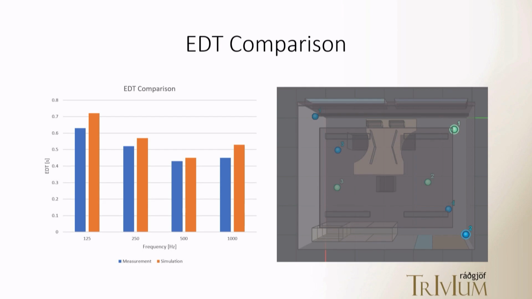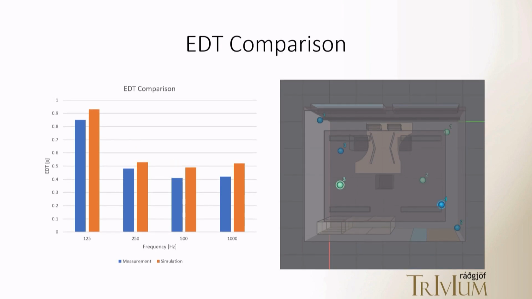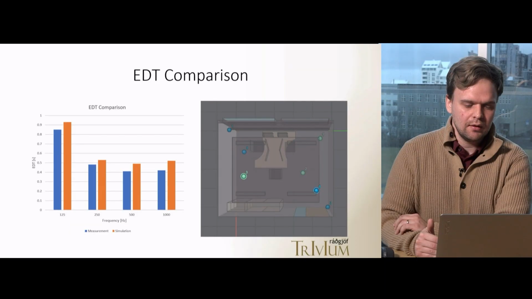But what I wanted to see was, if I move the source and the receiver around, whether the behavior of the curves is similar between the measured and the simulated response. And here we can see that for another location of source and receiver, we have the source now at location 3 and the receiver at location 4. The overall trend in those graphs is quite similar.